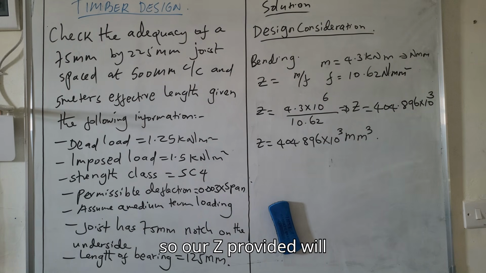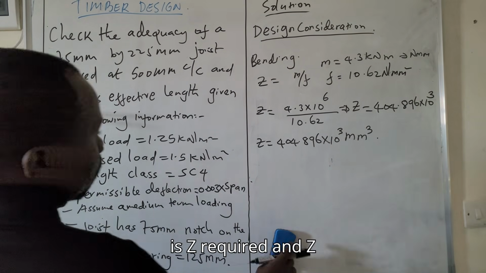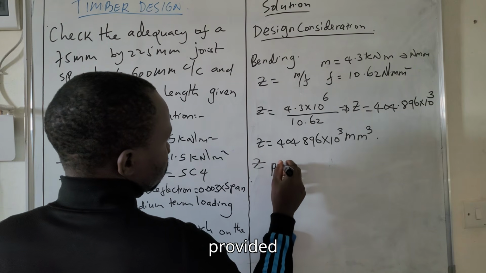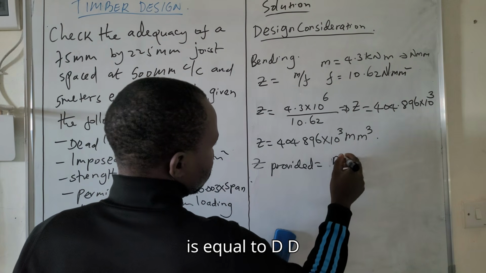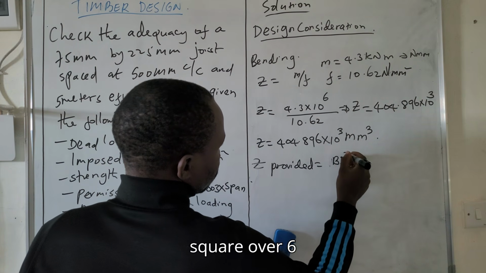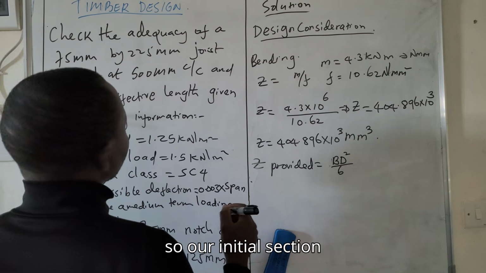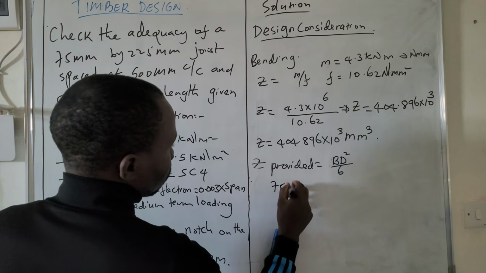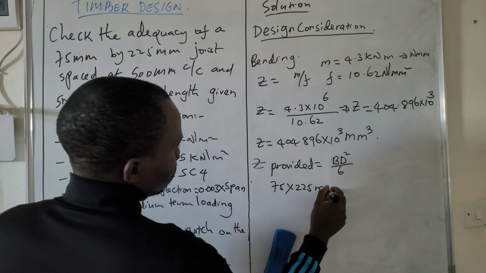So this is Z required, and Z provided is equal to BD square over 6. So our initial section was 75 by 225 millimeter.